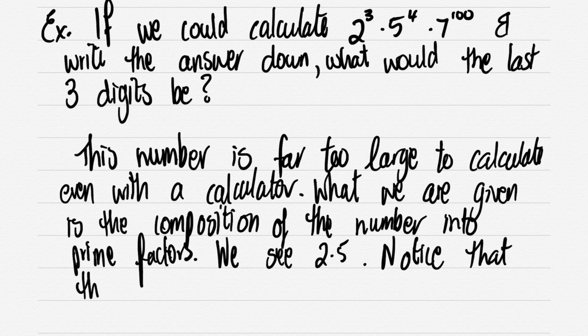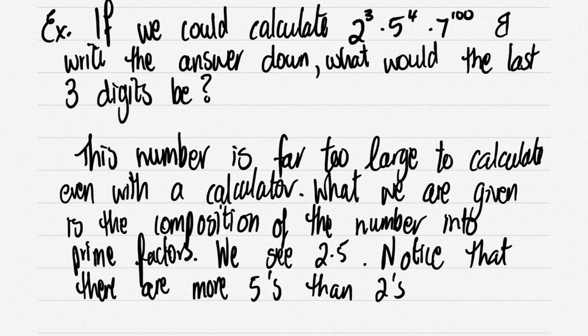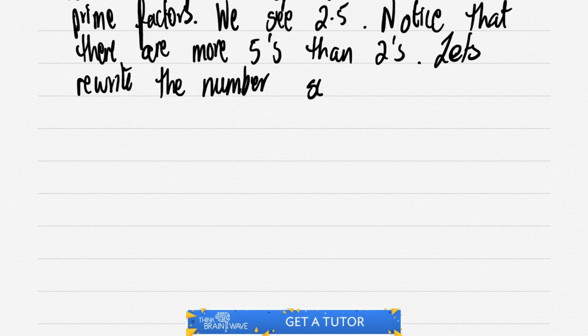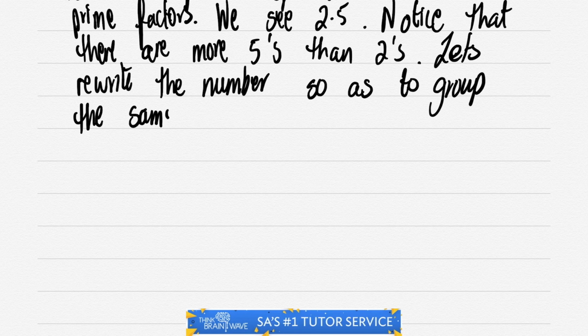So let's take a look. What are we given? We're given a composition of numbers, and we now need to take those numbers and put them into their prime factors. We see that we've got 2 times 5, and we can also see that there's more 5s than there are 2s. So let's rewrite the number so as to group terms correctly.